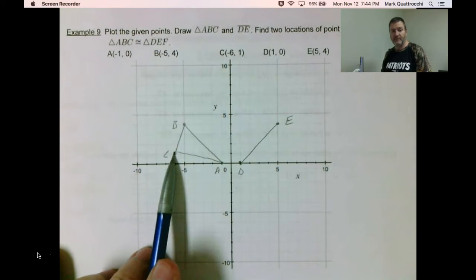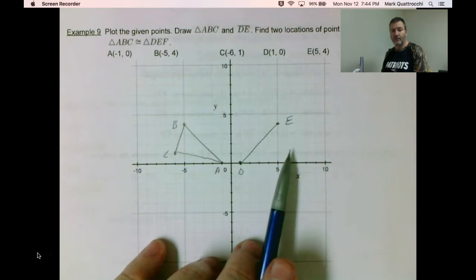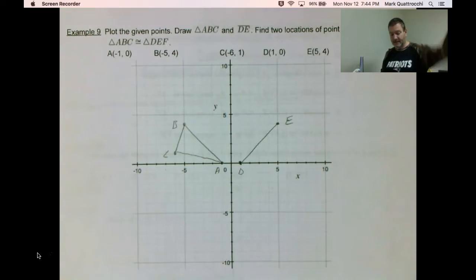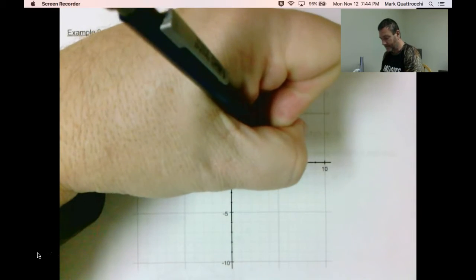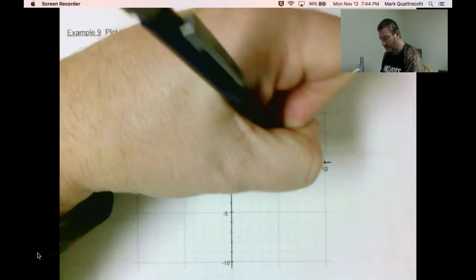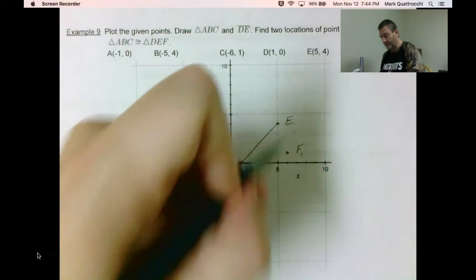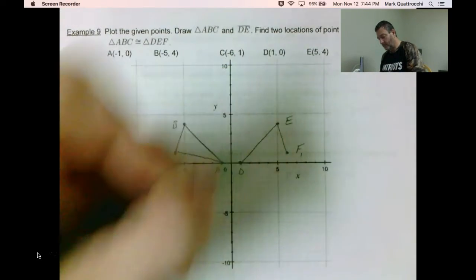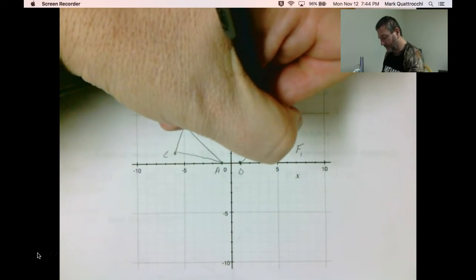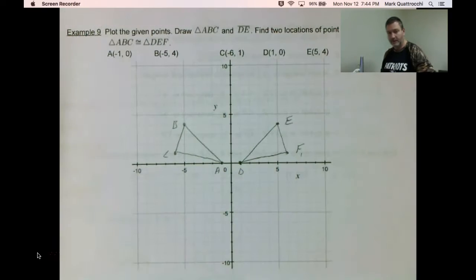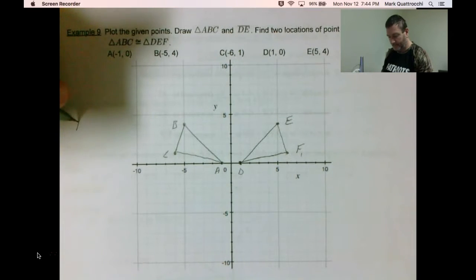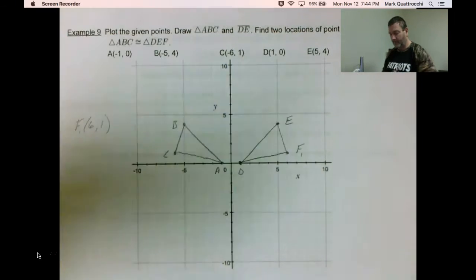If I move C over the y-axis, it ends up here. We'll call this F1 because there's more than one location for point F. That would make F1 have coordinates 6, 1.